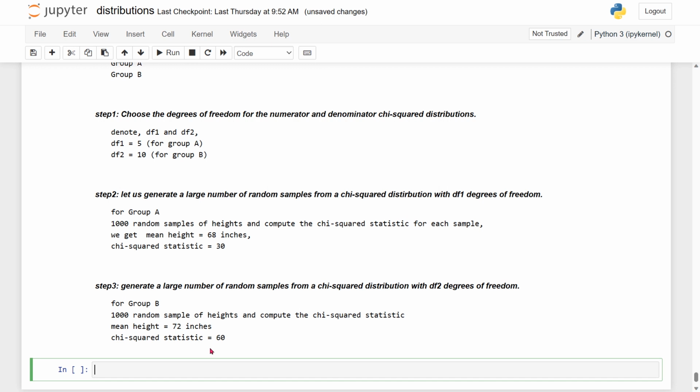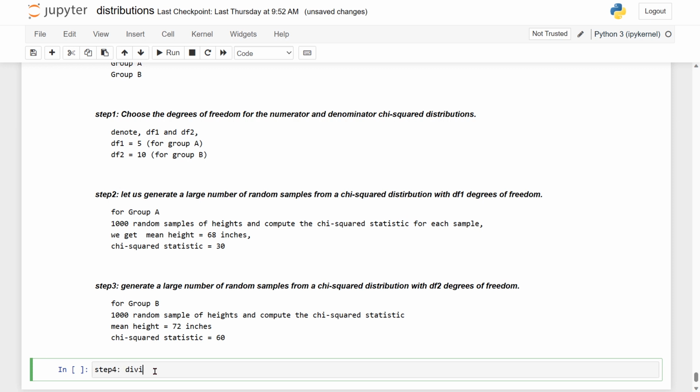So now let's divide each sample. We have generated 1000 samples for group A and 1000 samples for group B. Now we have to calculate the F statistic.